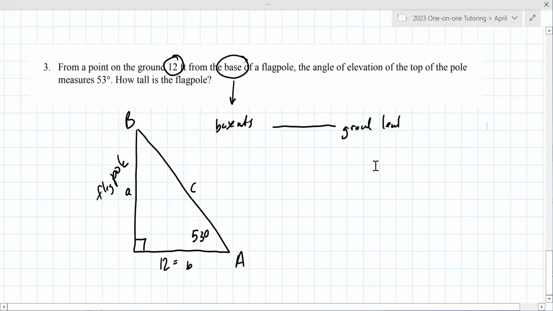It will be A over 12. Go ahead and set it up and solve it for me, please. Let's have you round to the tenth.